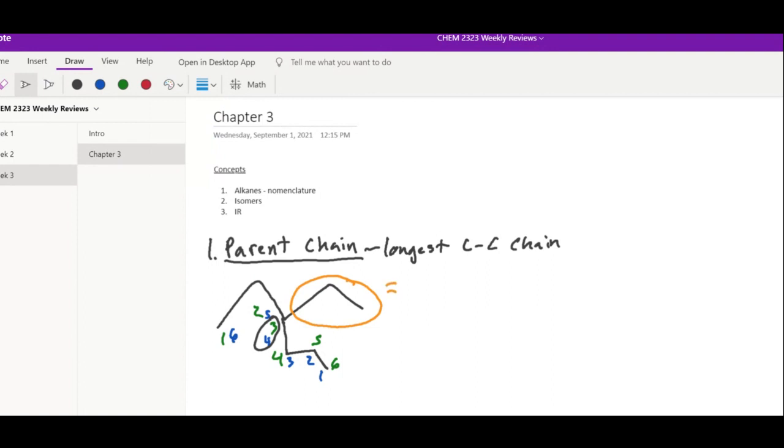This is called a substituent, and it's basically anything not included in your parent chain.